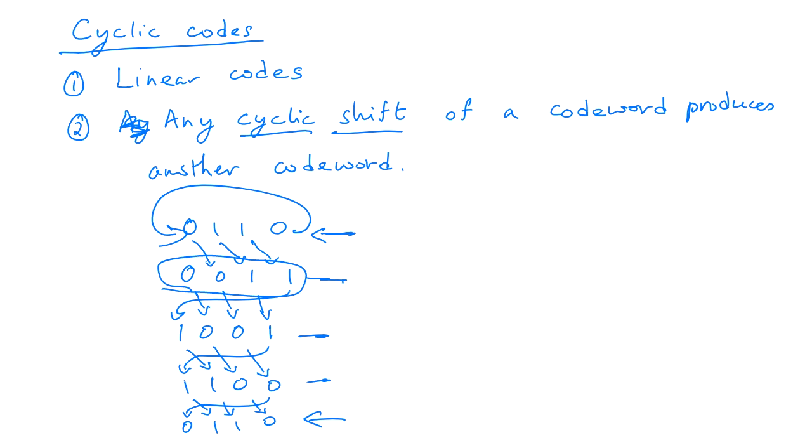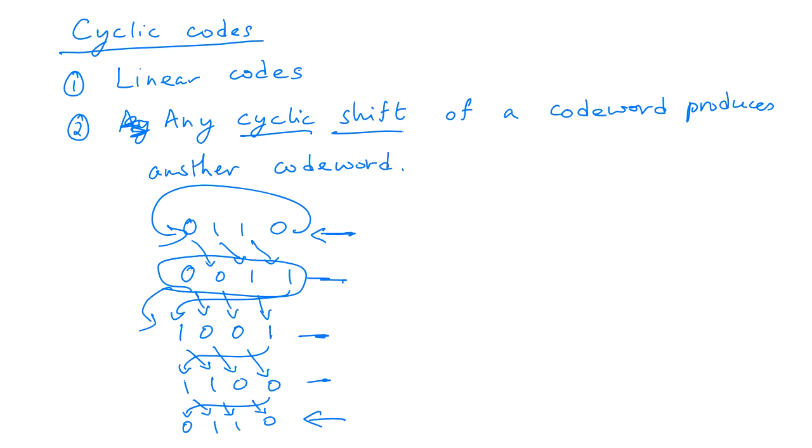Again, when 0011 is shifted, you get 1001. If that 1001 is also a code word in that set, then all these three belong to the cyclic codes family. So a cyclic code is one in which a cyclic shift of any code word produces another code word from the same set of codes.